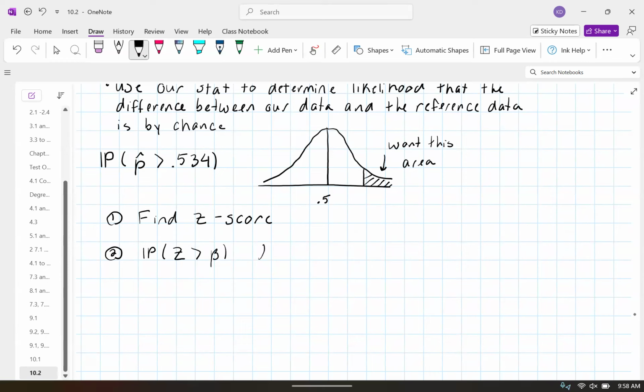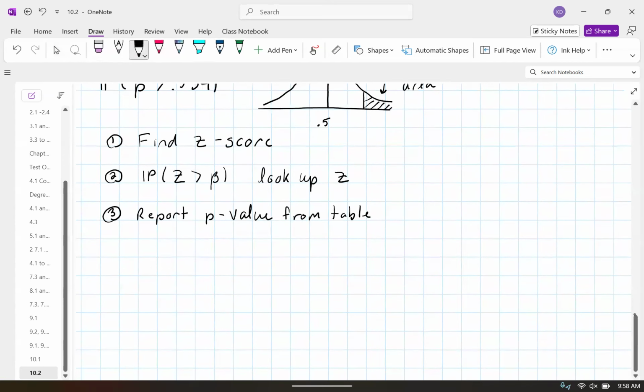So we look up the z we found in step one. Then we're going to report the p-value from our table, but we may have to manipulate it a little bit depending on which direction we're going. And finally, we're going to translate this into regular people words.